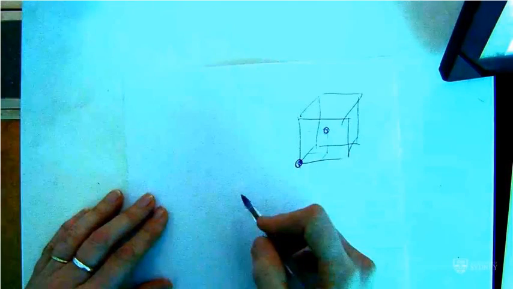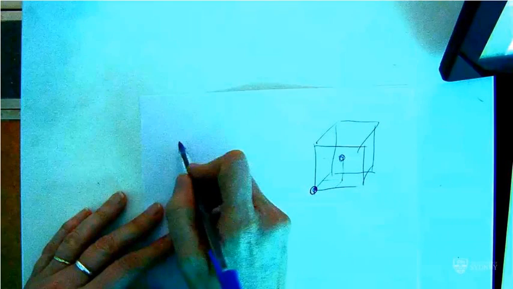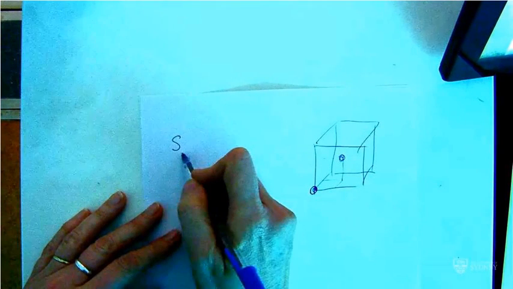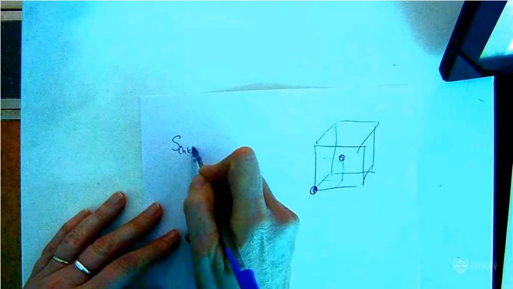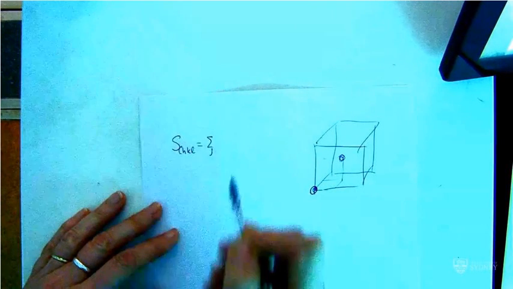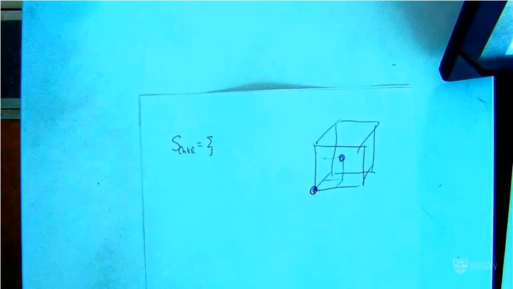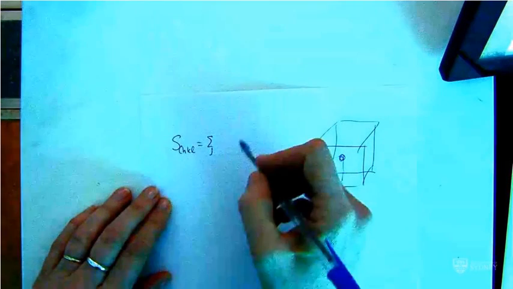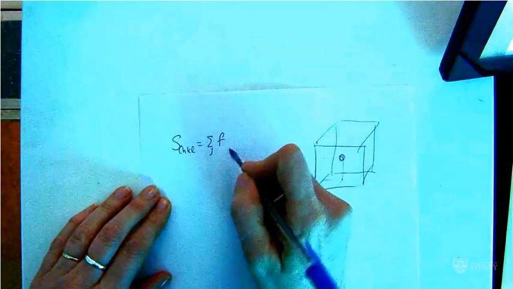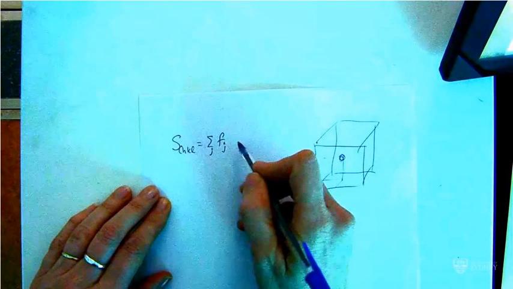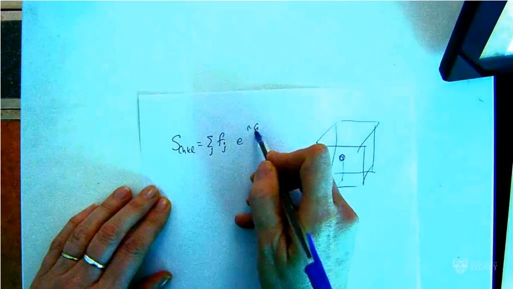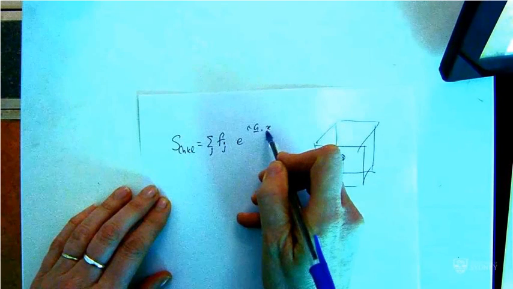We have, from before, the structure factor for some HKL is equal to the sum over j, where j are the number of atoms in your unit cell, the number of basis atoms, if you like, of some form factor f, e to the i G dot X of j. Remember, X is a position vector. It doesn't mean the X direction here.